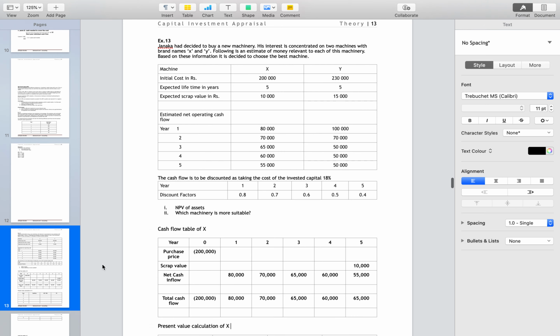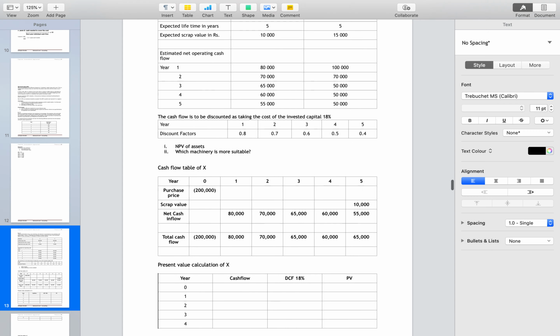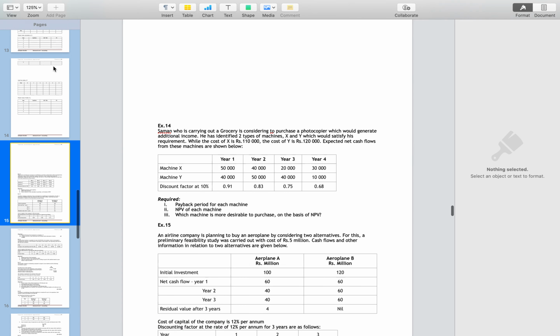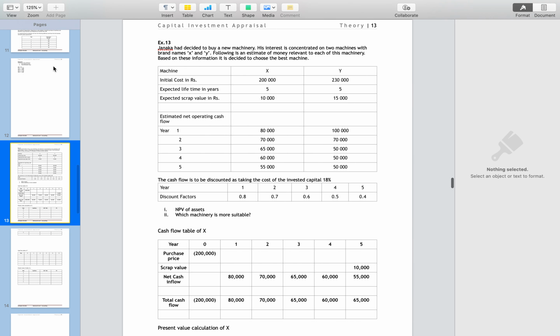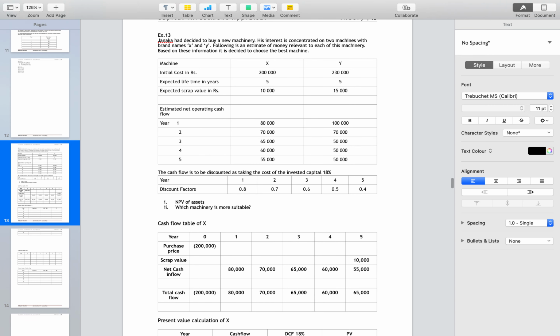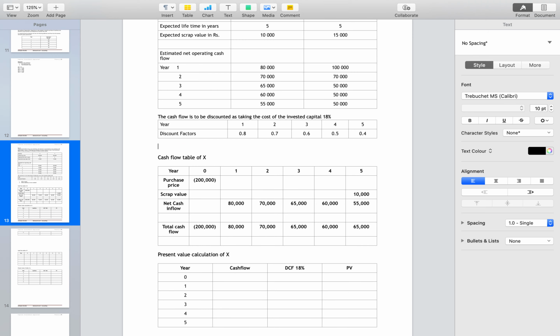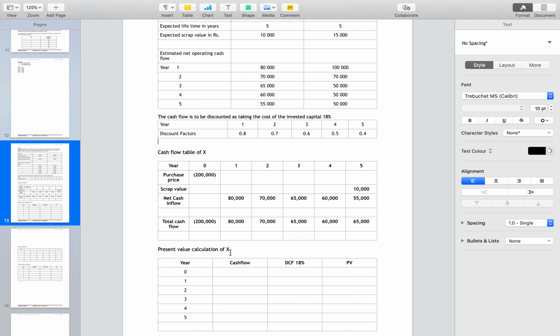Now guys, once you finish off your cash flow table, you have to prepare another table called present value calculation.